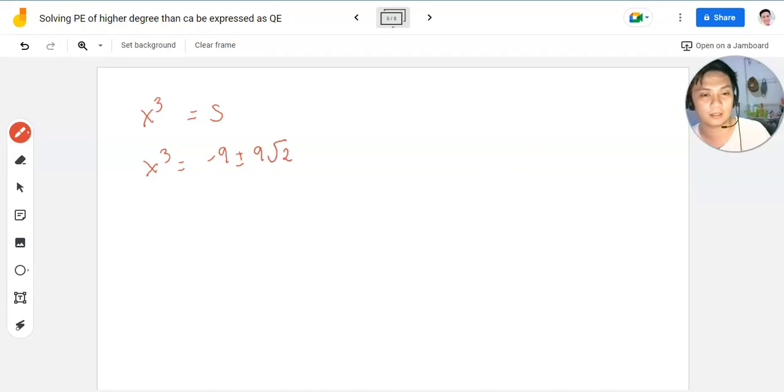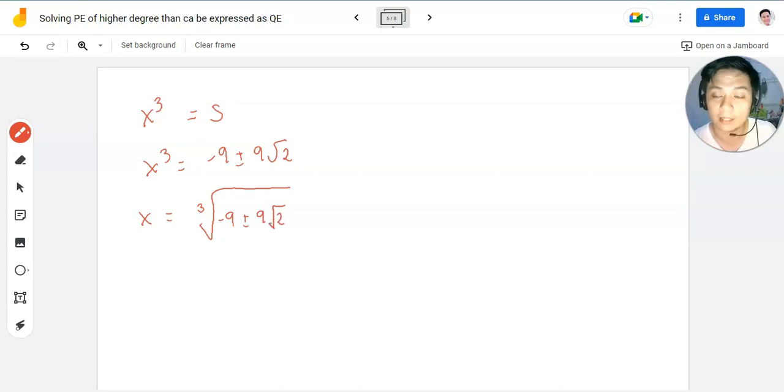Iba lang sabihin yan, okay, x should be equal to the cube root of the quantity negative 9 plus or minus 9 square root of 2. Ayan, medyo komplikado siya, no? So, but we'll end it here na muna.